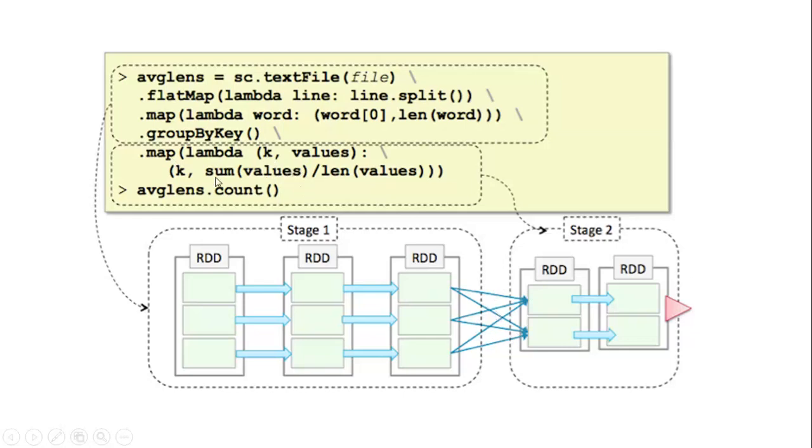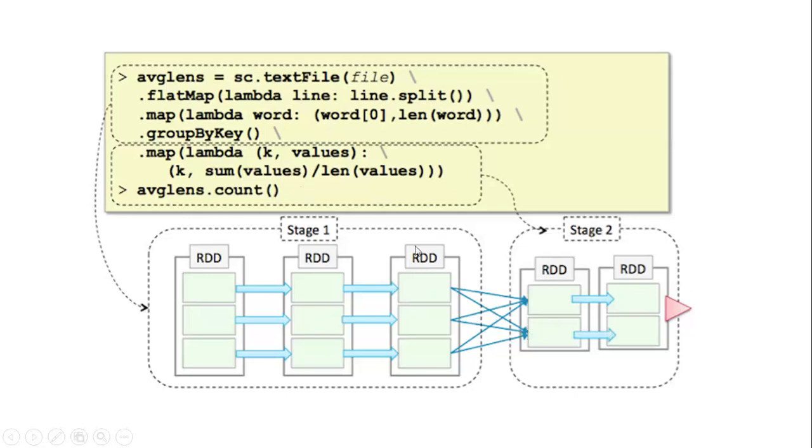And then the rest of the stuff is again going to happen with narrow dependencies. So the DAG has 2 stages: stage 1 with all narrow dependencies, stage 2 with all narrow dependencies, and in between the 2 stages, you have wide dependencies or shuffle.